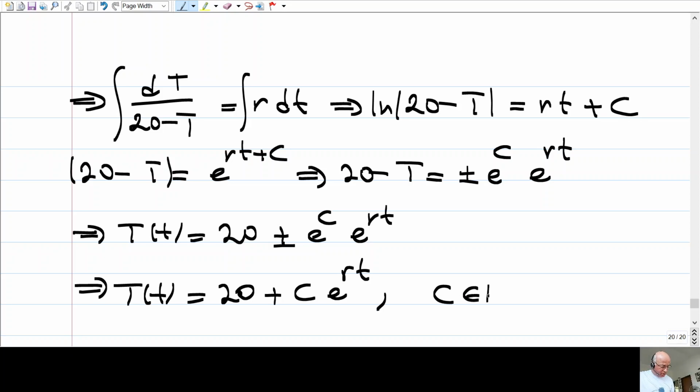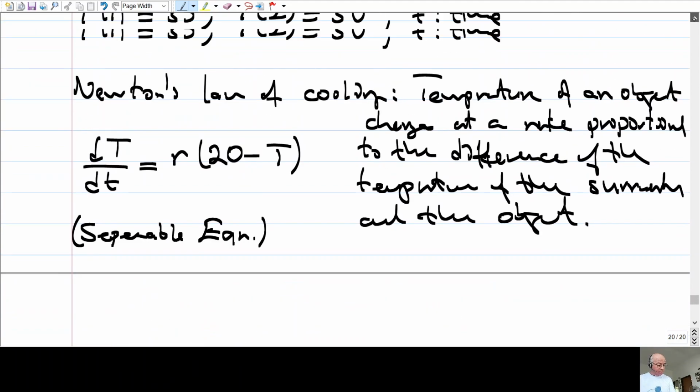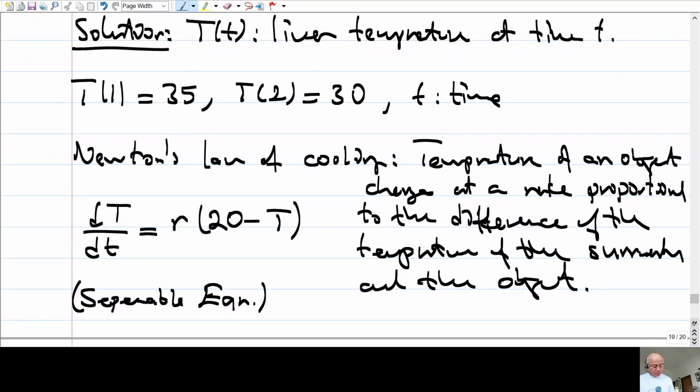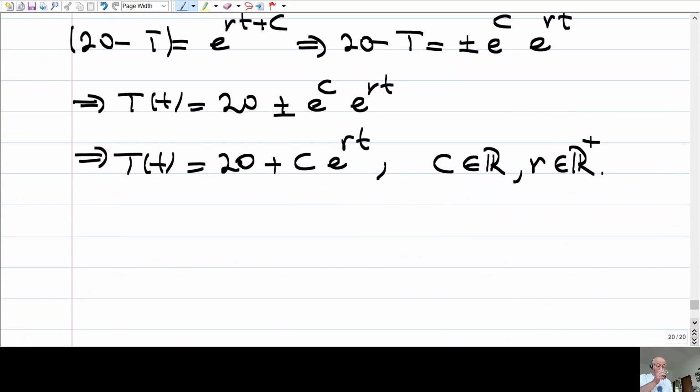Here c is just an arbitrary constant and r is the proportionality constant, so it's again a real number, but most probably it's a positive real number because it's a proportion. Okay, now I have two constants to determine, and remember that we have two data, right? Initial conditions. So I will use both of them to determine both r and c. All right, let's see.